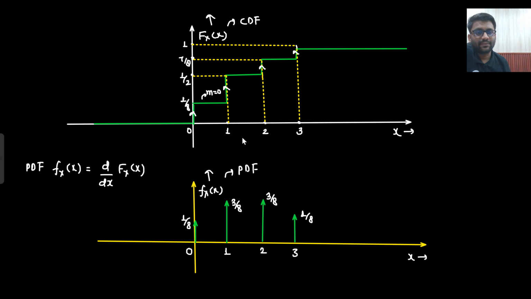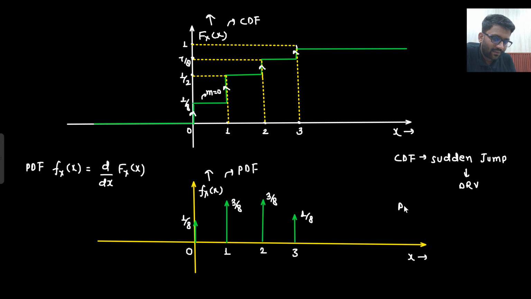Whenever you see impulse, in case of CDF, whenever you see sudden jump, what will you understand? That the random variable is discrete. And in case of PDF, whenever you see impulse, because in CDF if there is sudden jump, that means in PDF there would have been impulse, no?